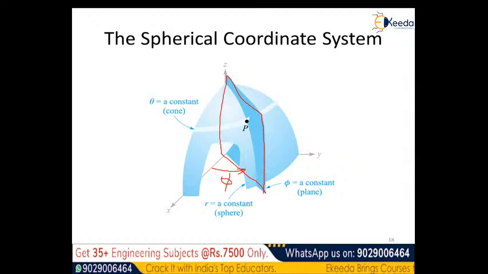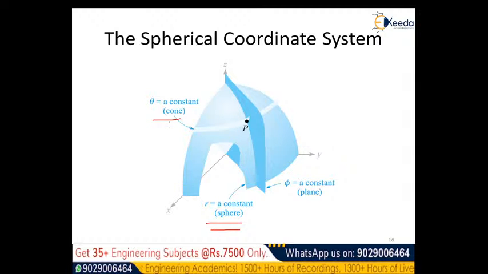It will be a vertically oriented plane, and that plane will make the angle phi equal to a constant with the positive x direction here. So out of the three surfaces here, one is spherical, another is conical, and the third one is a plane or a straight surface.